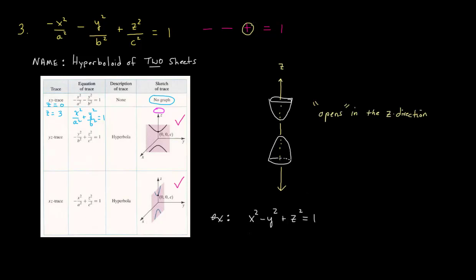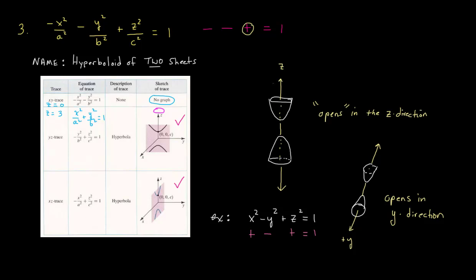Consider this example here. We have positive, negative, positive equals 1. So we know we have a hyperboloid of two sheets, and this one will be opening in the y direction. I will show that drawing right now. You will also notice that hyperboloids of two sheets, like the hyperboloid of one sheet, are not functions.